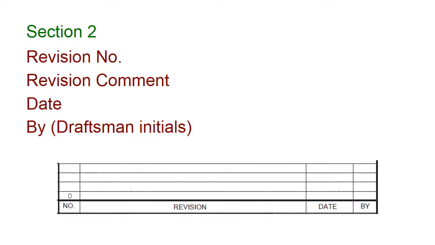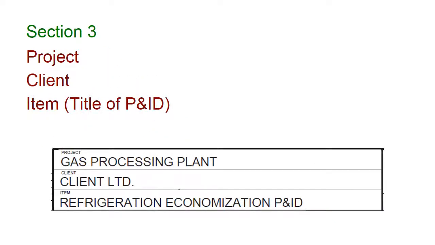Section 2: Revision Number, Revision Comment, Date, By, Draftsman Initials. Section 3: Project, Client, Item, Title of P&ID.